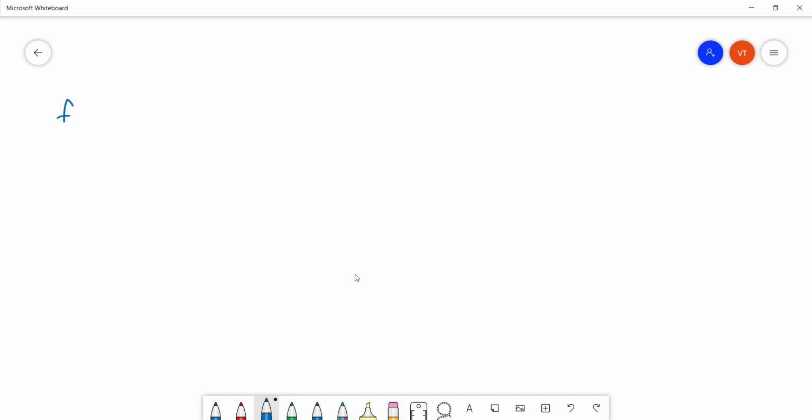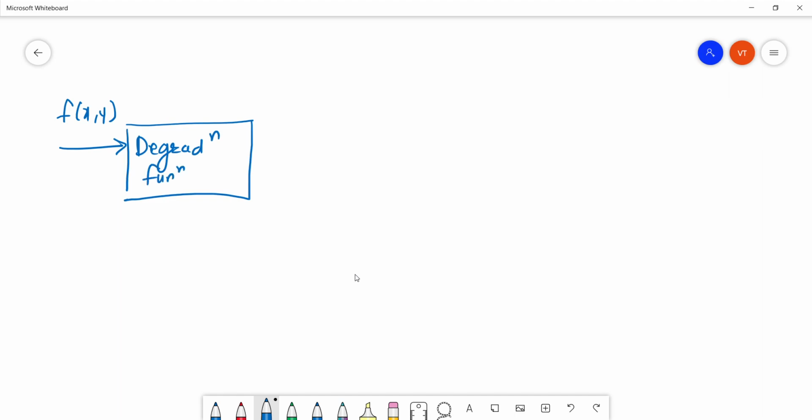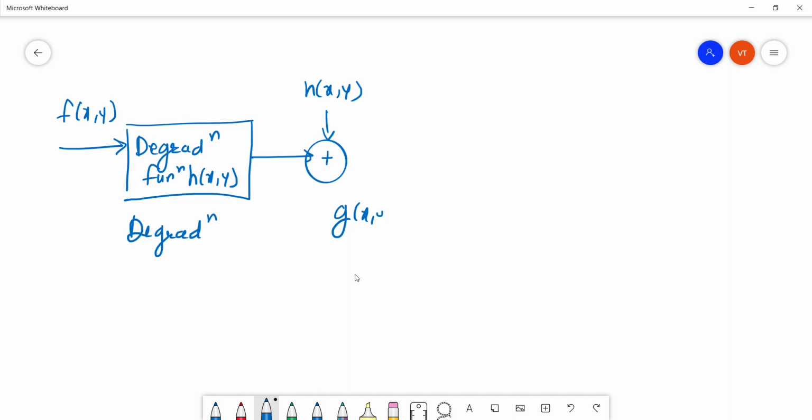You have already seen that the original image is given to the degradation function, which is shown by h of x comma y. This is degradation. Then noise is added to this. n of x comma y is the noise, and you get the degraded image which is given by g of x y.